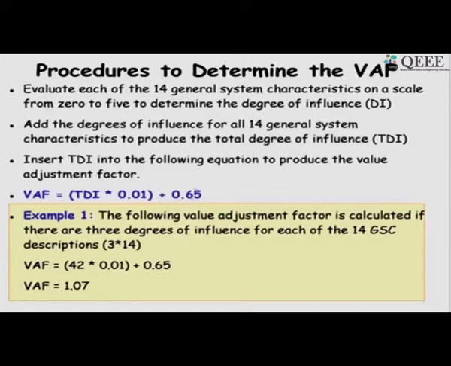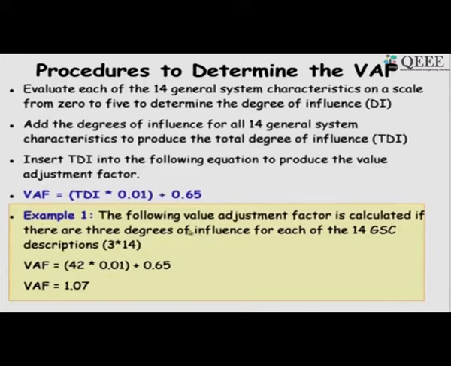So, the effect of the value adjustment factor is to either reduce it by 35% or increase it by 35%. So, the final function point count will be something from 65% of the computed value UFP to 135% of the input value.